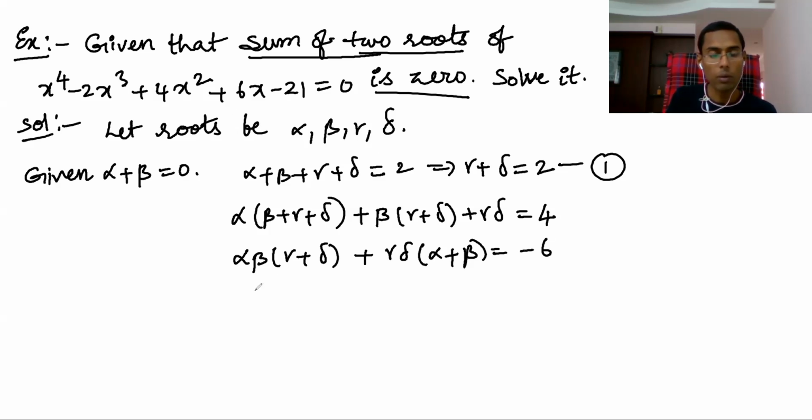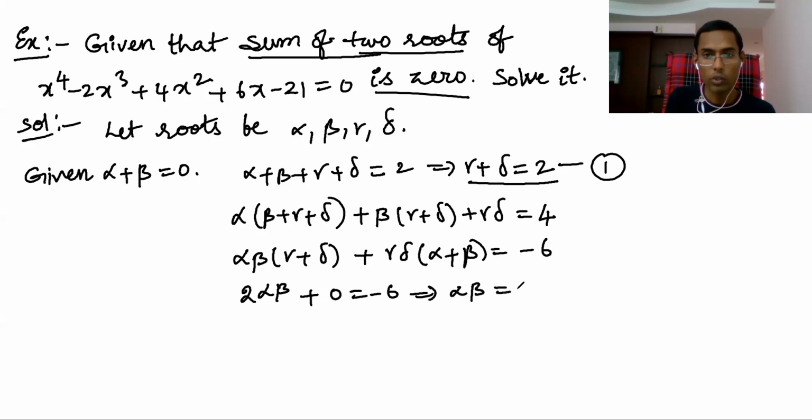We know gamma plus delta is 2, and alpha plus beta is 0. So 2 alpha beta plus 0 equals minus 6. That means alpha beta is minus 3.